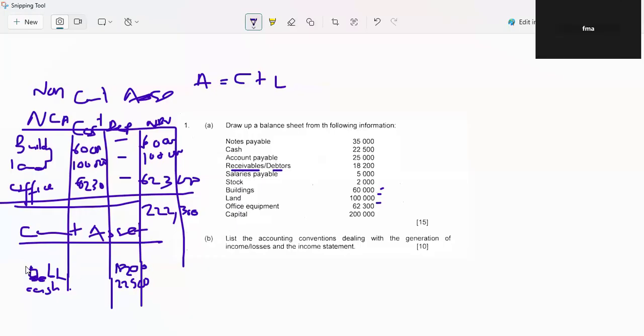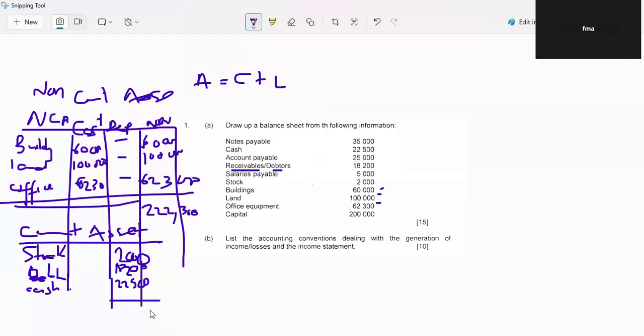But they're not prepayments. No. For stock, if there were prepayments, we would have also added them there, as part of current assets. Stock is 2,000.